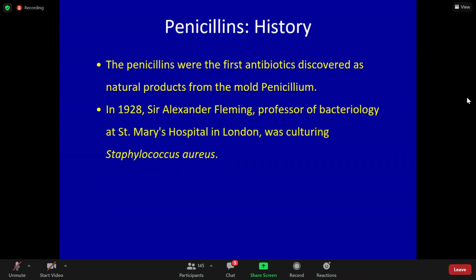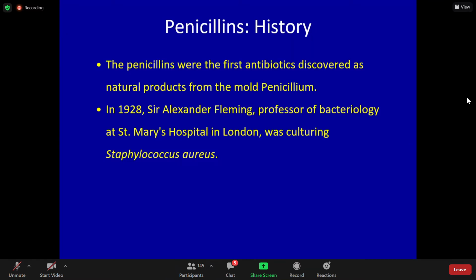Sir Alexander Fleming from the UK, a professor of bacteriology, was culturing Staph aureus, and he found some contamination of a mold in the culture. He saw that in certain places the bacteria did not grow in the petri dish, while at other places bacteria grew in the culture. Why? What happens? Staph aureus I cultured here, but they are not growing.